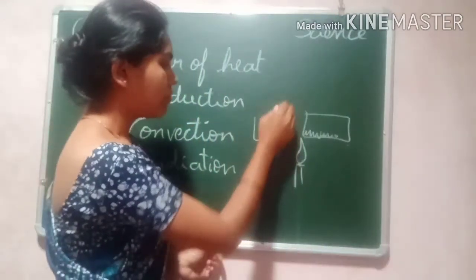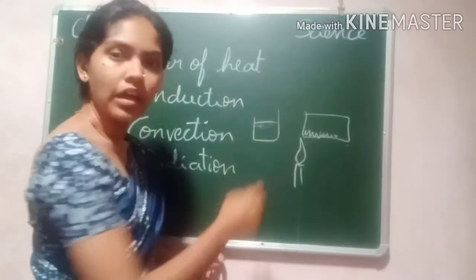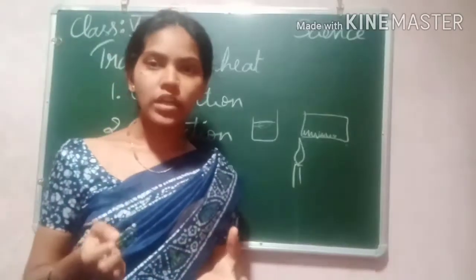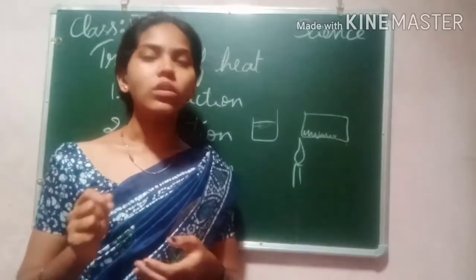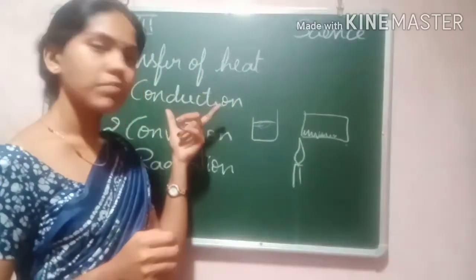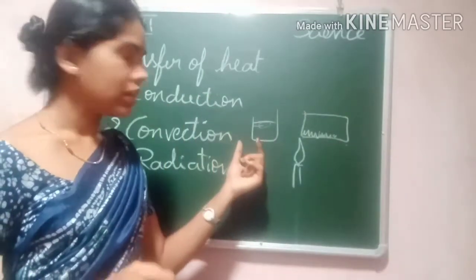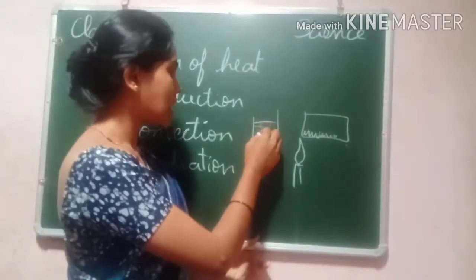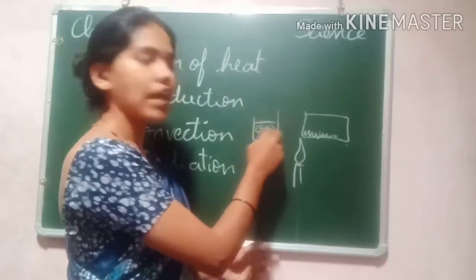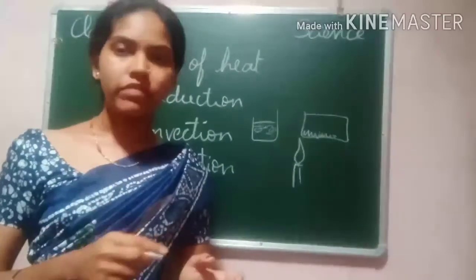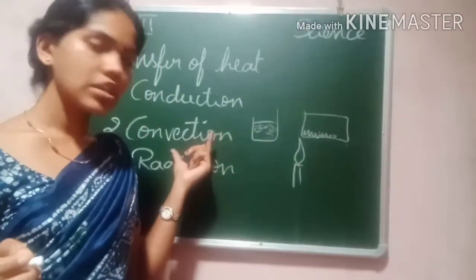In water and in air, the conduction process is very slow, so most of the time they follow convection. The transfer of heat occurs in liquids and gases through the convection process.